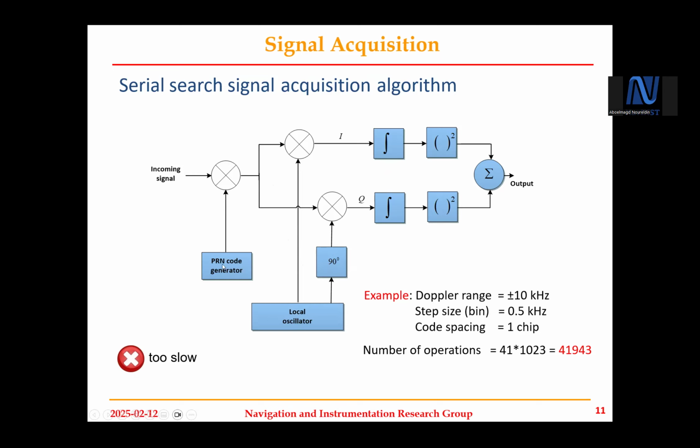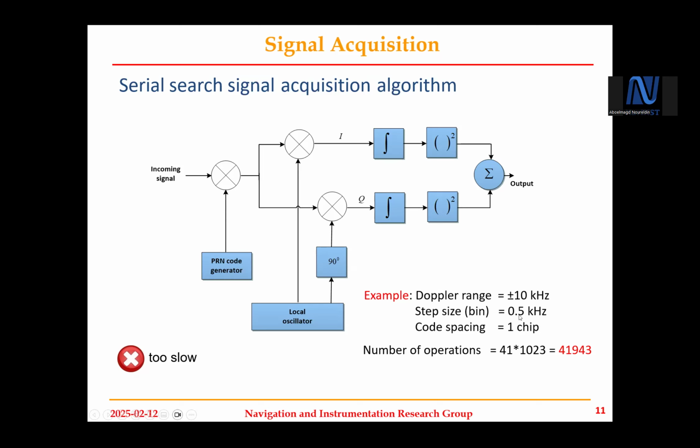We are generating a code and we are generating a carrier frequency, but these could be totally off or far away from the incoming signal. So what we do, we search the whole space. We set a threshold. For example, for the Doppler, we say we will search from the GPS nominal frequency minus 10 kHz to plus 10 kHz.